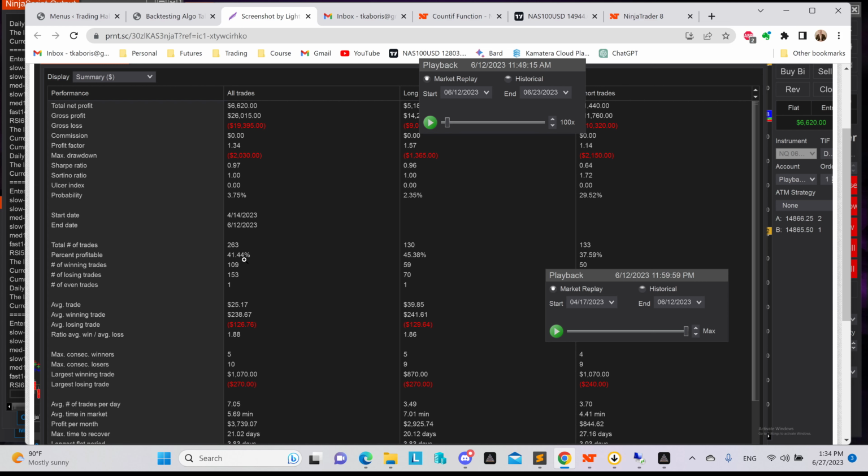On 500 ticks, also not profitable. There's not much to it. I'm running some other tests and combinations of tests, so hopefully I'll be able to, or if you guys have an idea how we can increase this number to 50-60%, that would be awesome.